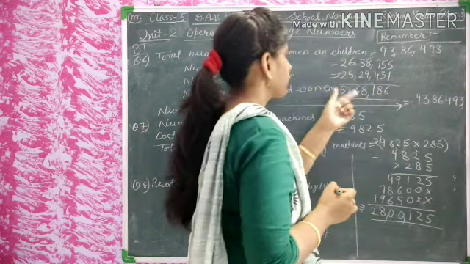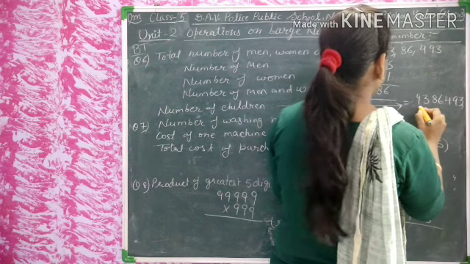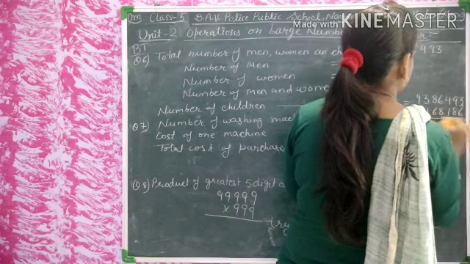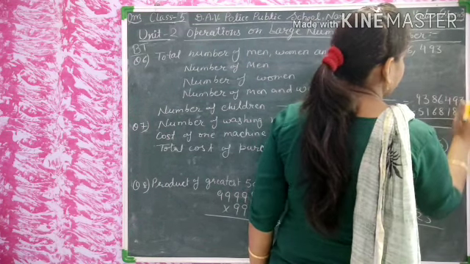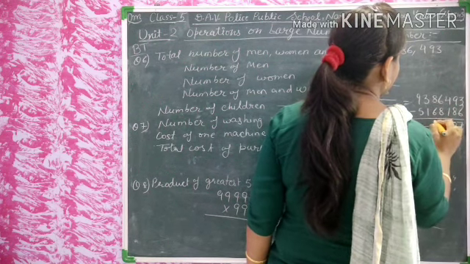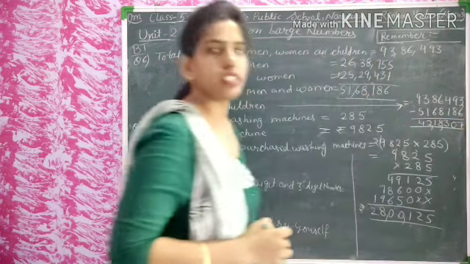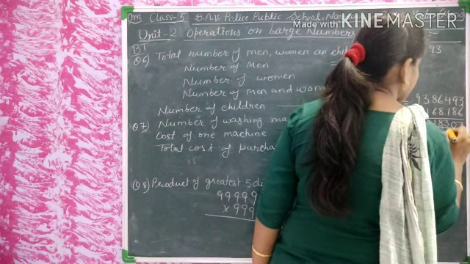This number is subtracted from this number. So here is 51, 68, 186. Subtract this number and we will get the number of children here.